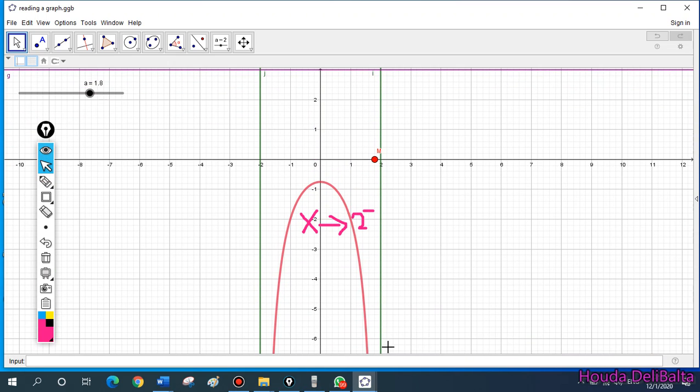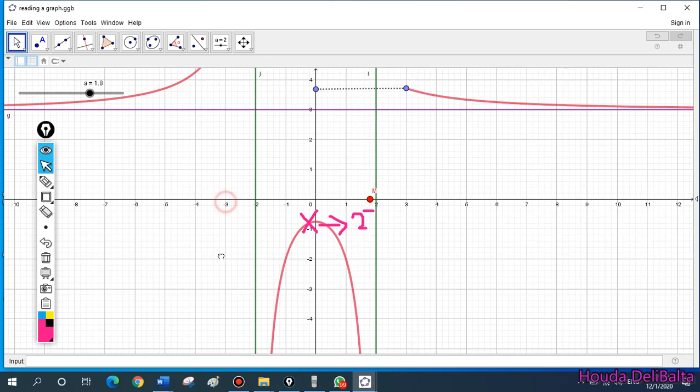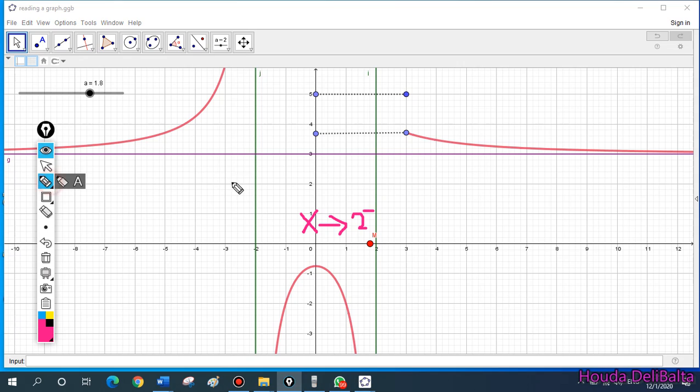The curve again is going downwards towards minus infinity. Then we say that the limit of f of x as x approaches 2 minus is equal to minus infinity, because the curve is going downwards.